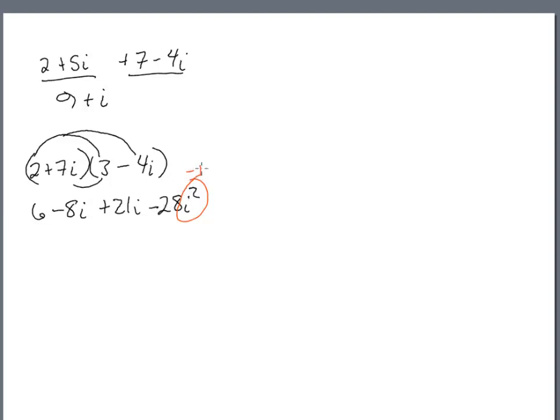So this is negative 28 times negative 1. That makes it positive 28. So we have 6 plus 28 is 34. And we have negative 8 plus 21 is plus 13i. This is standard form of how we write stuff. A real number plus a real number times i.